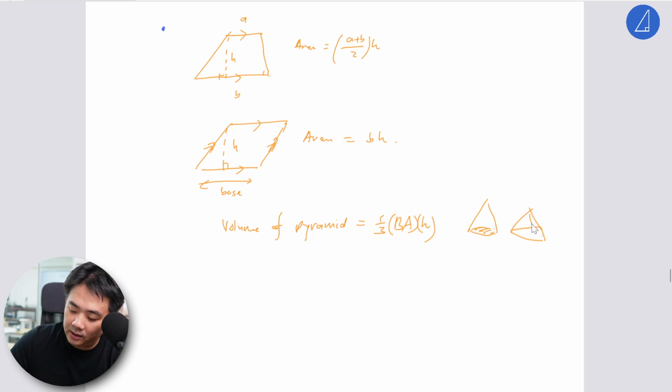Like tetrahedron, basically you need base area times height. So for a cone the base area is pi r squared. But for tetrahedron and all the pyramids, usually they will write it in the exam script. Okay, so the one that I think you may want to pay attention to is the trapezium. So if you've forgotten, just take the average of the two parallel sides, then multiply by height. That's it. Okay.